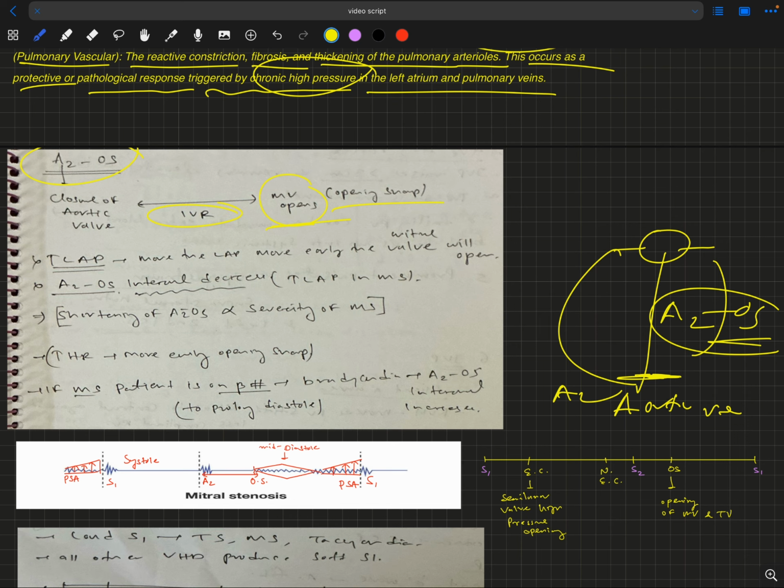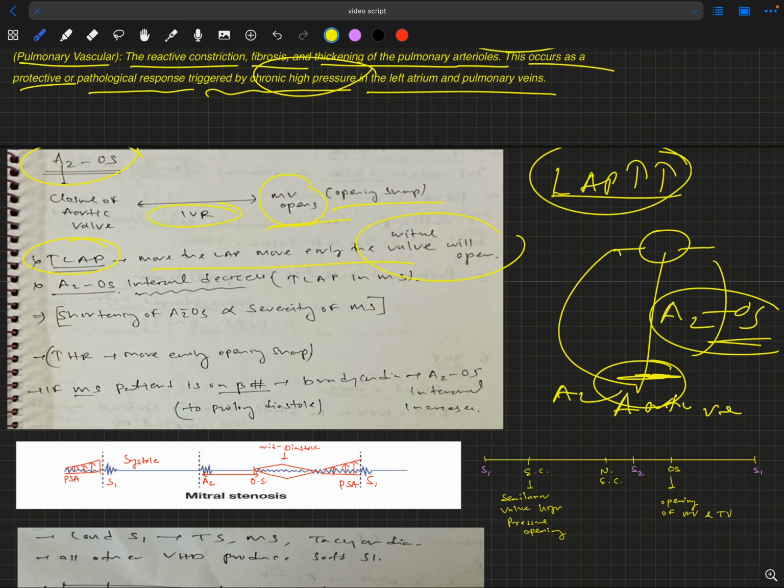It will push the valve to open early so that it can transfer the blood accumulating due to a severe obstruction in the left atrium to the left ventricle. So with more LAP, the valve will open earlier.